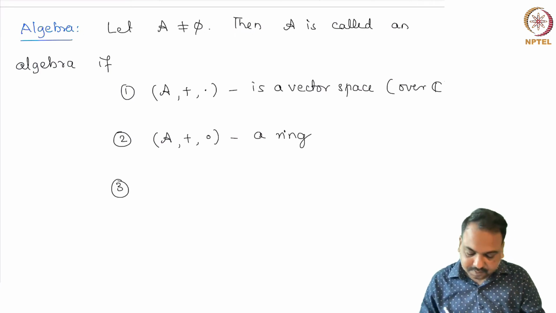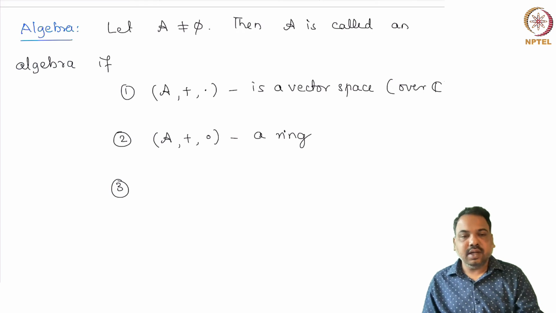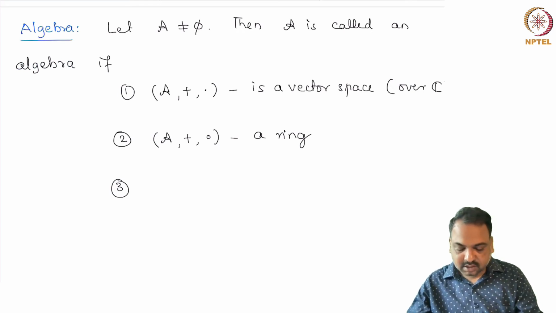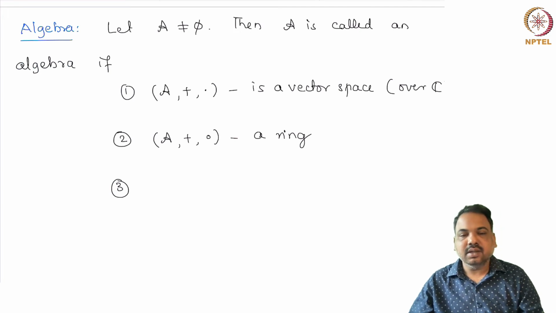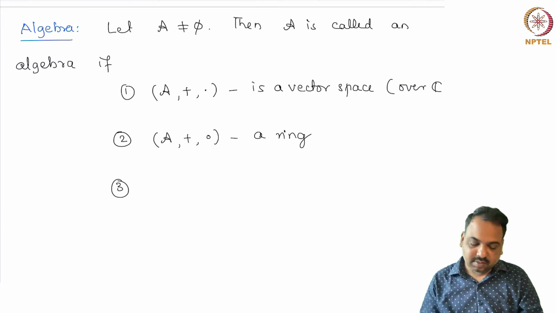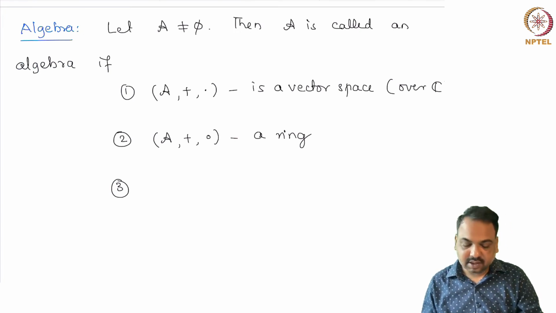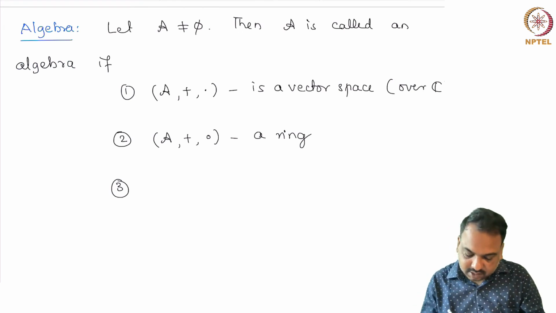And the third condition. If you observe these two properties, plus is there in both conditions. In the first case we have scalar multiplication, and in the second case we have multiplication of two elements from A. So if we can connect these two operations, dot and circle, then there is a relation among all three operations, plus, dot and circle. We say that all these operations are compatible with each other. Such a condition is given as follows.